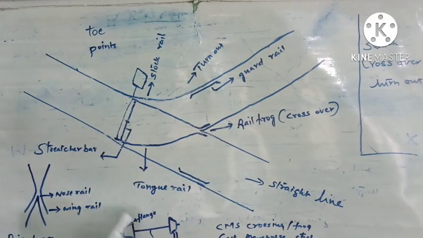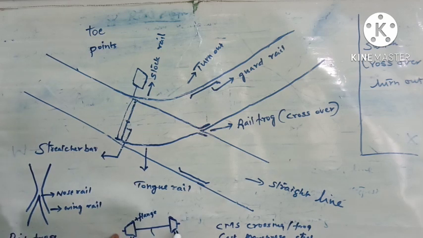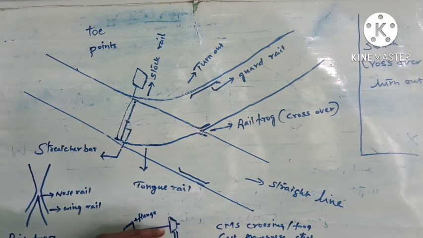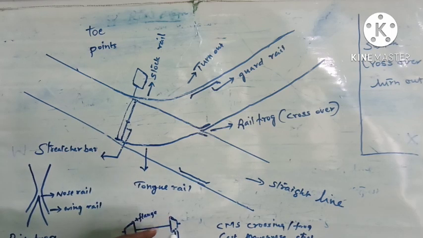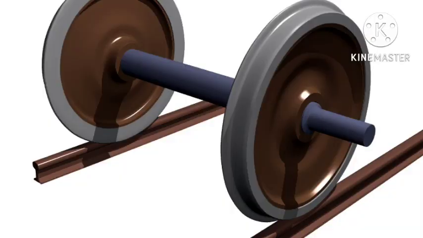So now we will see how it is possible with the wheel of the train. The speciality of the wheel of the train is the flange here. Compared to the other portion of this wheel, here it is a big diameter, and you can see the wheel is kept within the two rails.